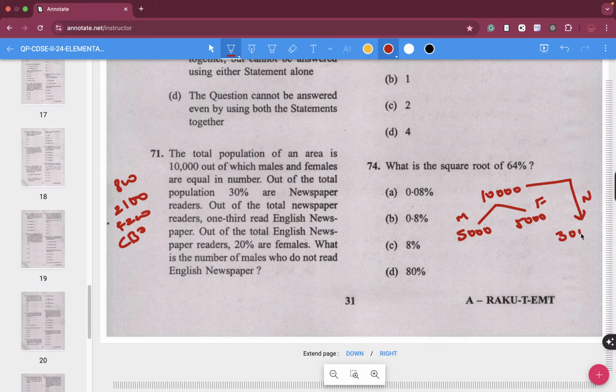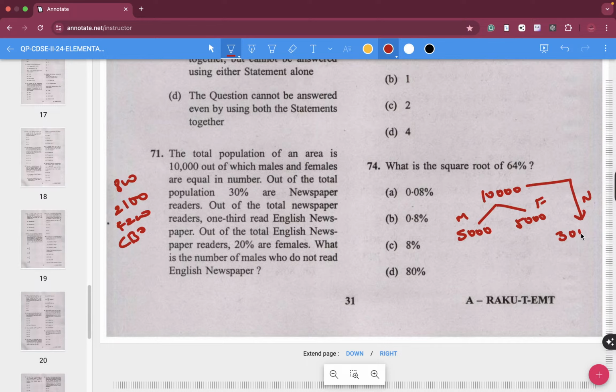Now if you look at this particular value, if you have something like 10 square minus 10 raised to the power 1, which is your 100 minus 10, which is 90.